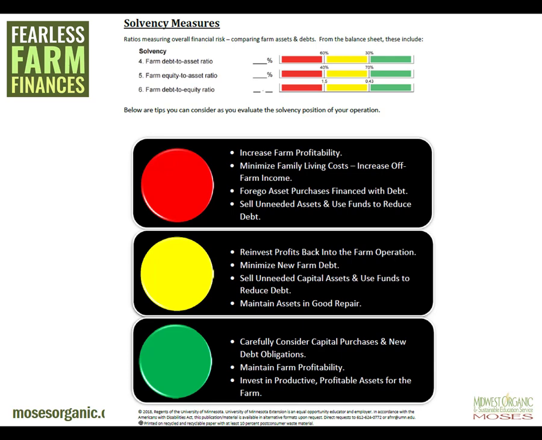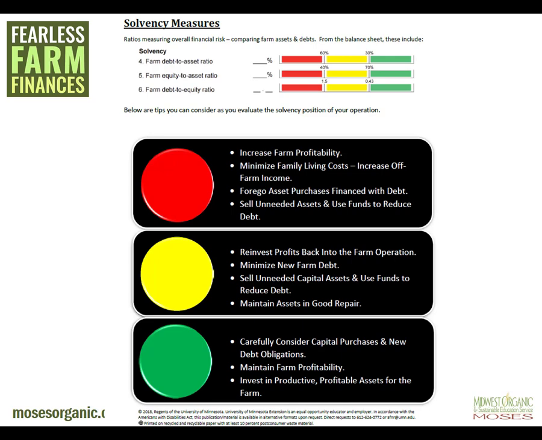So when we come up with these ratios and we see these colors, red, yellow, and green, many times we'll ask ourselves, well, what do we do to make that better? Well, this is a great resource to help you figure those things out.